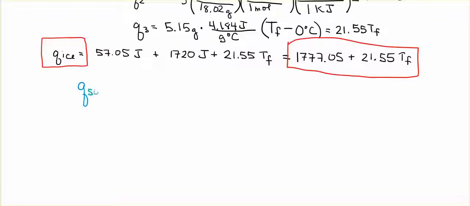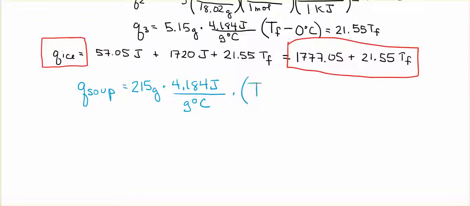The Q of the soup is equal to the mass of the soup, 215 grams, times the specific heat capacity of the soup, and we're going to use that specific heat capacity of water to approximate it, times T final, that's what we're looking for, minus that initial temperature, 97.5 degrees Celsius.